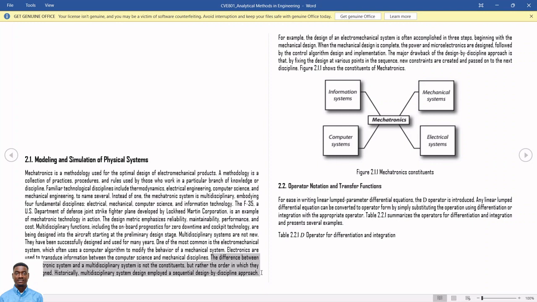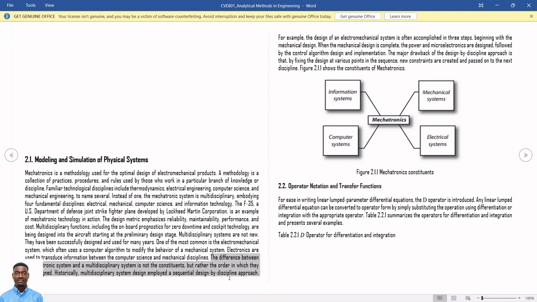A multidisciplinary system uses what we call the sequential design by discipline approach. What do we mean by design by discipline approach? We're saying that for a multidisciplinary system, the design is done in succession, whereby a certain discipline completes their own design, then passes the job onto the next discipline to carry out their own design.